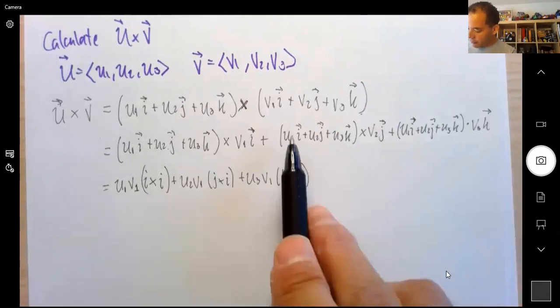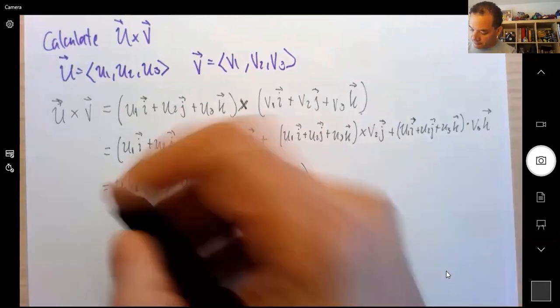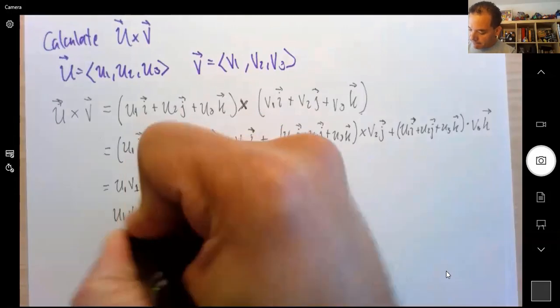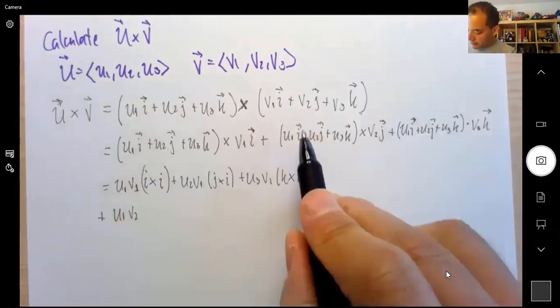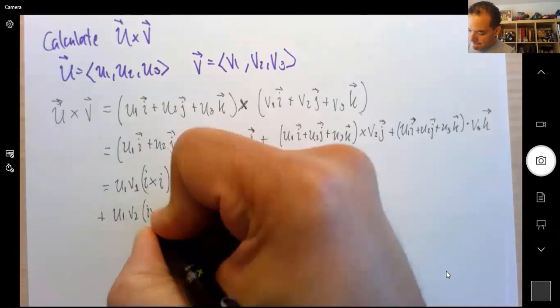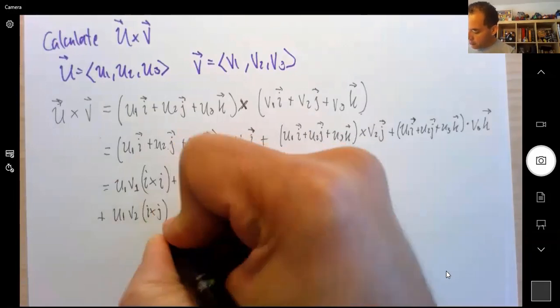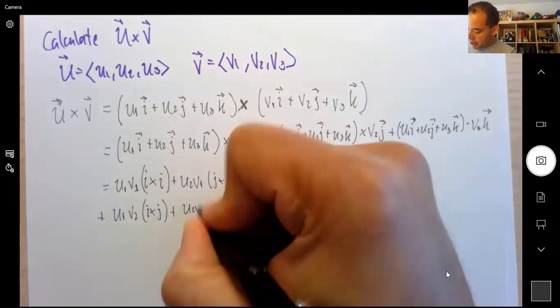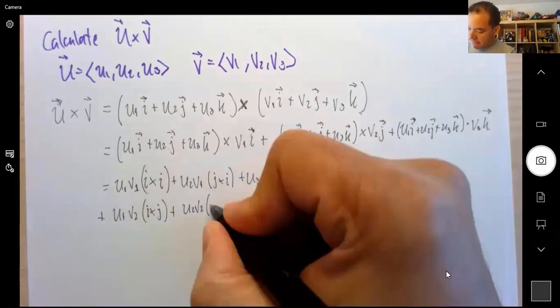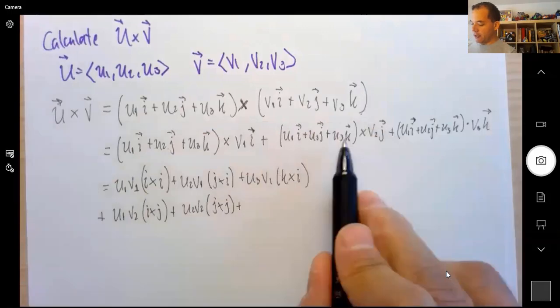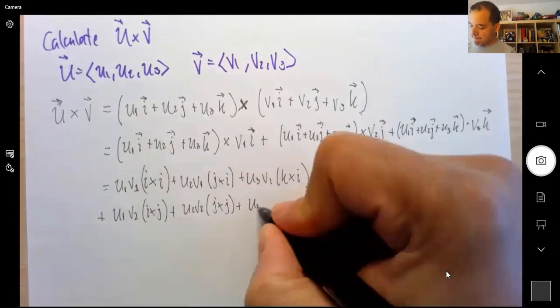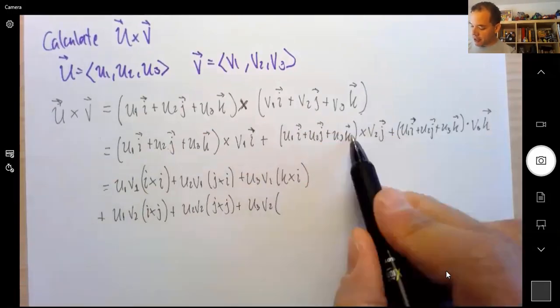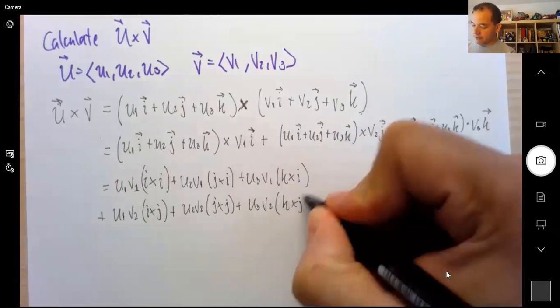So the next one will be U1 V2, and it will be I cross J. The next one will be U2 V2, and it will be J cross J. And the last will be U3 V2, and it will be K cross J. Good, so I'm right here.